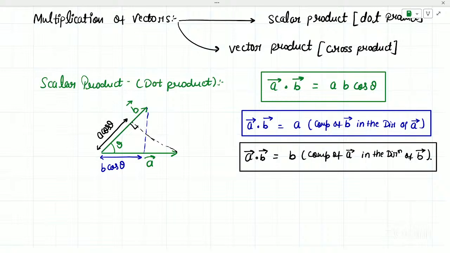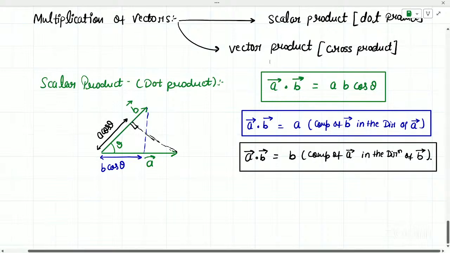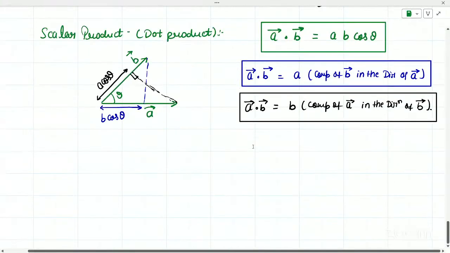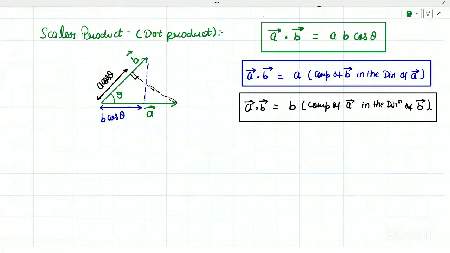Okay. So this is it about the dot product. Now, what is the use of this dot product? The use of this dot product is to calculate the angle between vectors.